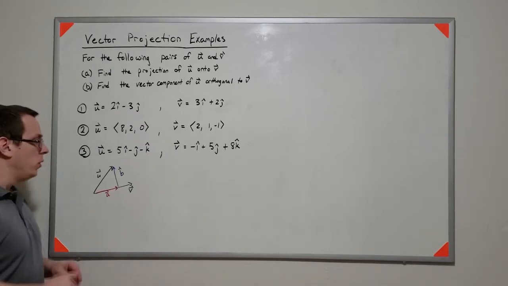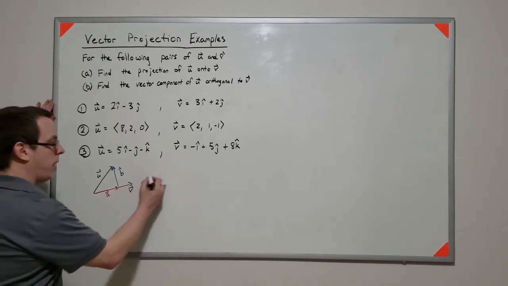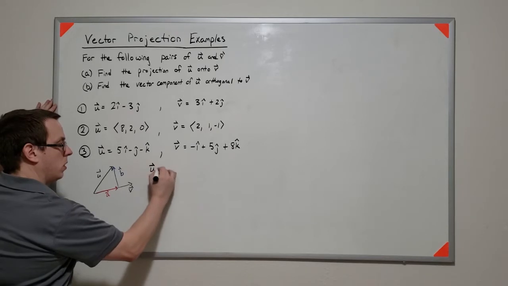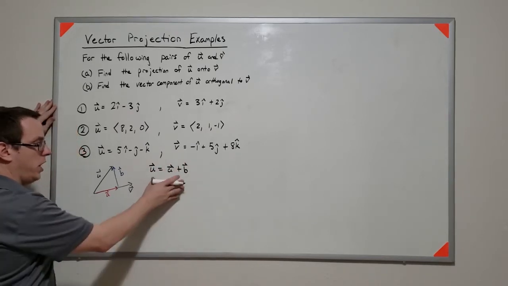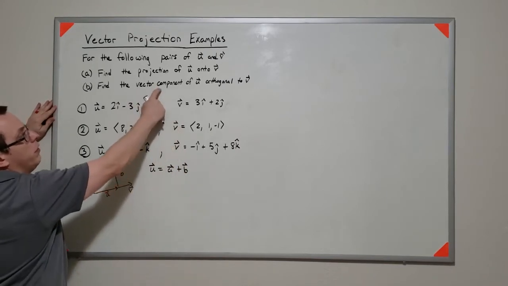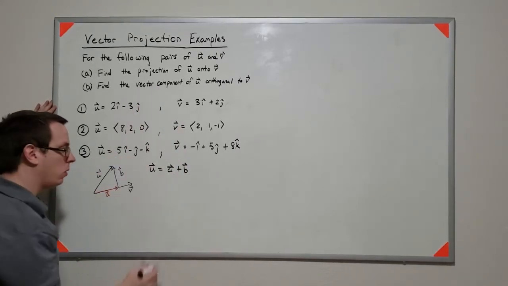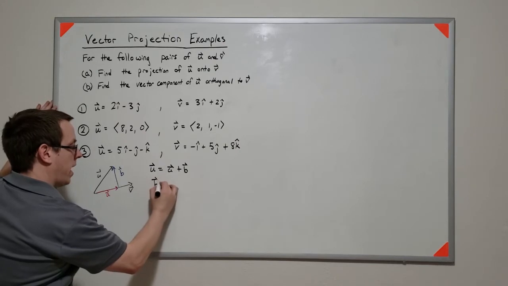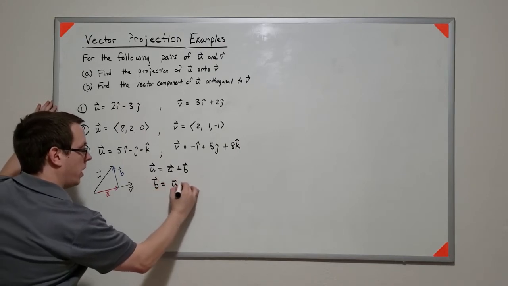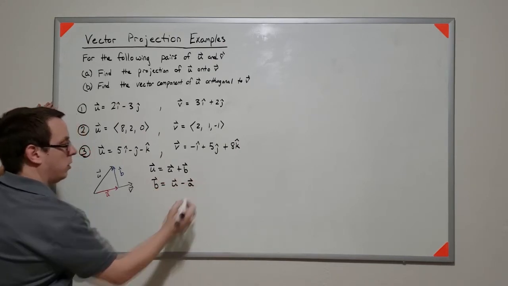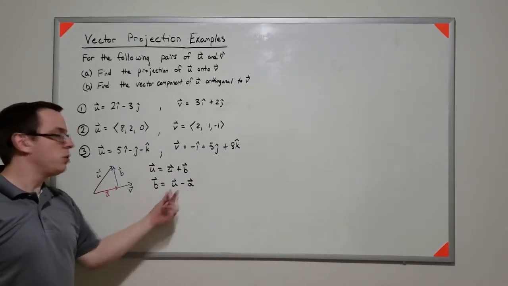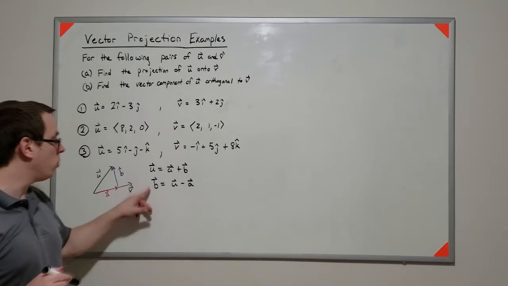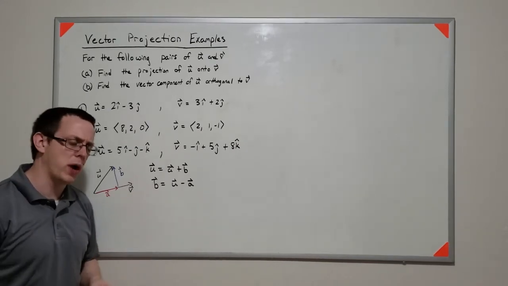I want to write it like this because if u is A plus B, then if I want just the vector component of u that's orthogonal, if I want to isolate that, well, then I can subtract the vector projection. So if we find the projection, we can subtract it from the original vector to get the orthogonal component. That's the pretty standard way to get it.